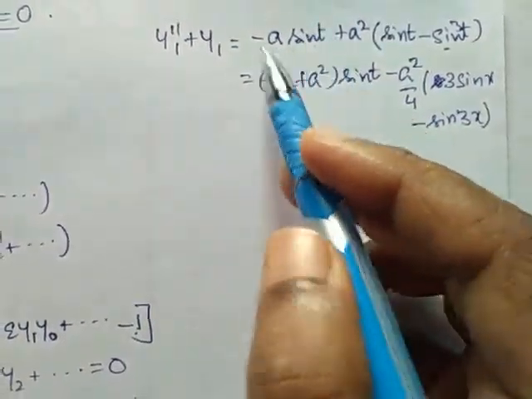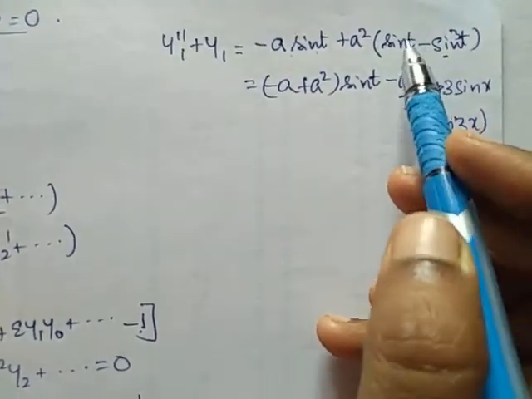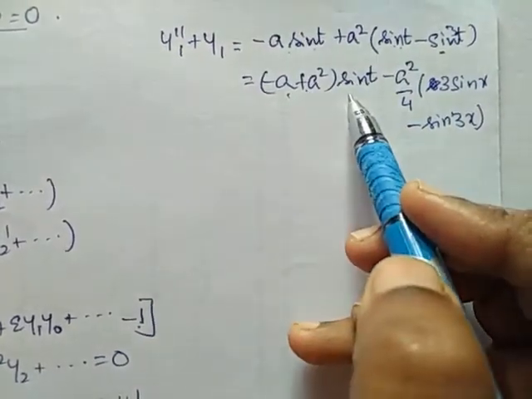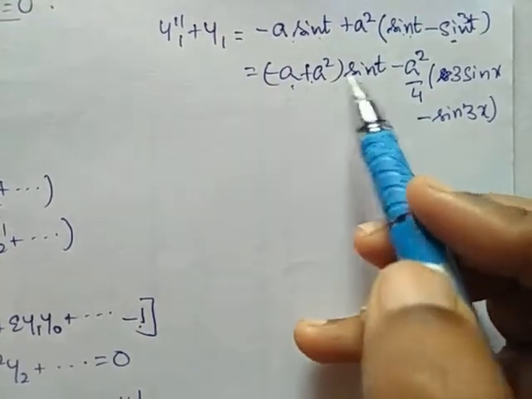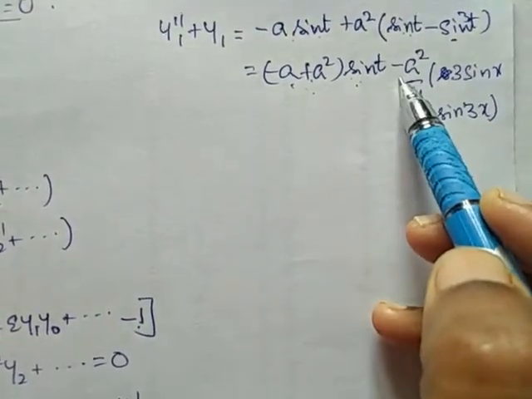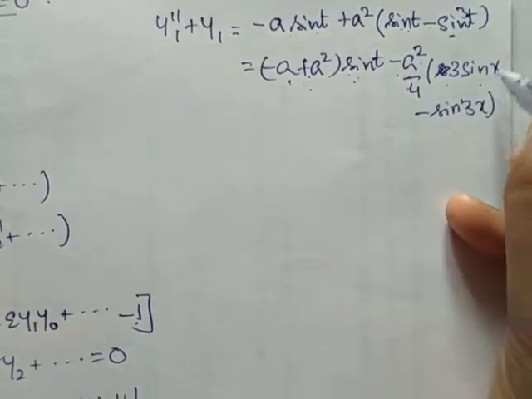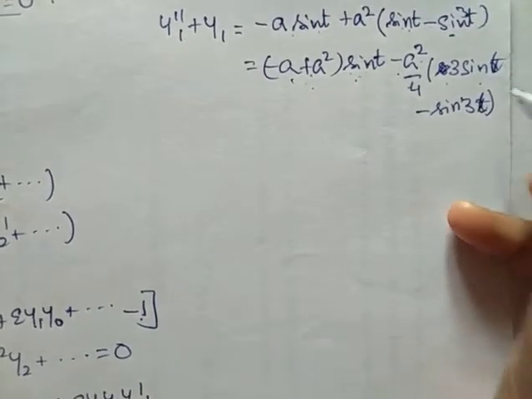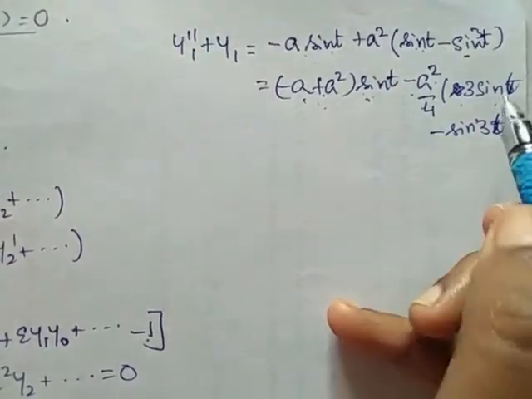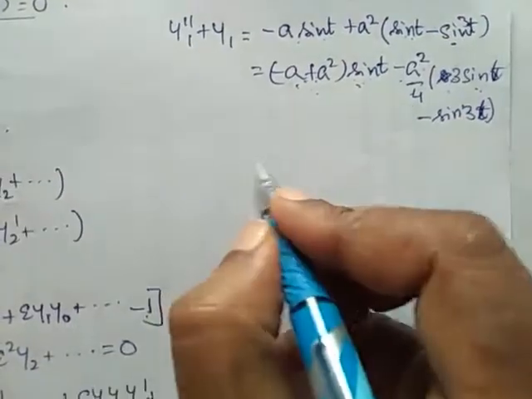Directly we can find the particular integral for a sin t. Here also sin t is there. So I have grouped these two terms, minus a plus a square into sin t. Now we can find the particular integral for this. Here minus a square I have written. The formula for sin cube t is 1 by 4 into 3 sin t minus sin 3t. So we have to find the particular integral for sin t. Here also sin t is there. So I will group these two terms again.